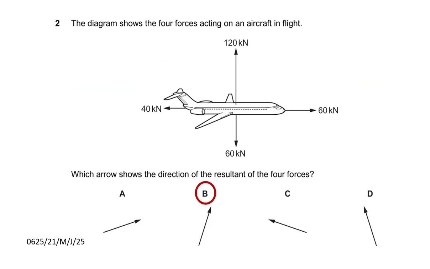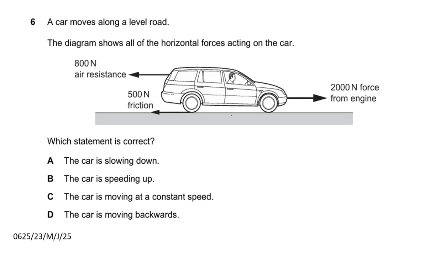A car moves along a level road. The diagram shows all of the horizontal forces acting on the car. Now look, 2000 Newton force from the engine. So 2000 is to the right, so it is plus. Then the backward forces should be considered as negative because they act to the left. So minus 800, minus 500.